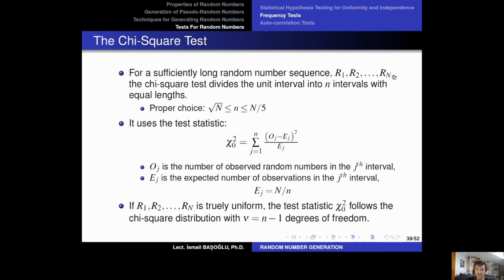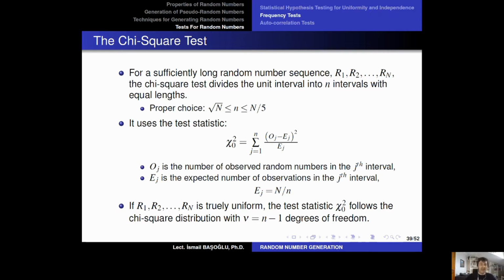For example, if capital N is 50, then what is a proper choice? 50 divided by 5 is 10, and square root of 50 is a little larger than 7, then this means you either divide the unit interval into 8, 9, or 10 subintervals for a sample size of 50.